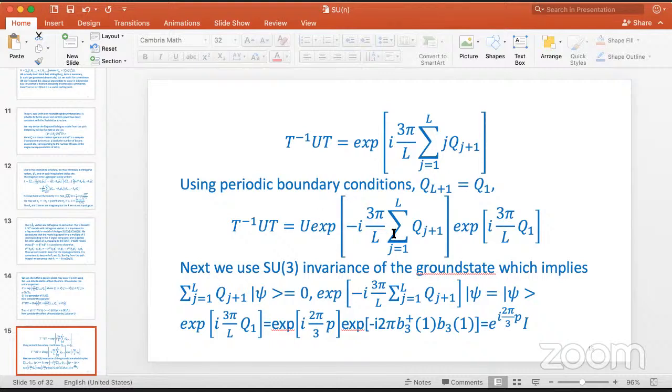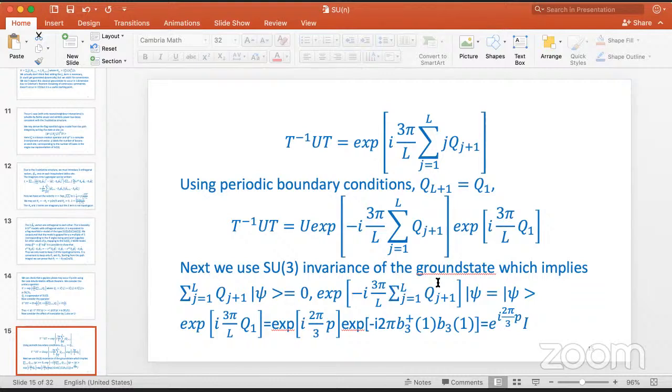So we can write this as e to the i 2 pi over 3 sum over Q_{j+1} from 1 to L, times e to the i 3 pi over L Q_1. Now, if we use SU(3) invariance of the ground state, this implies that the sum of Q_{j+1} acting on psi is 0.